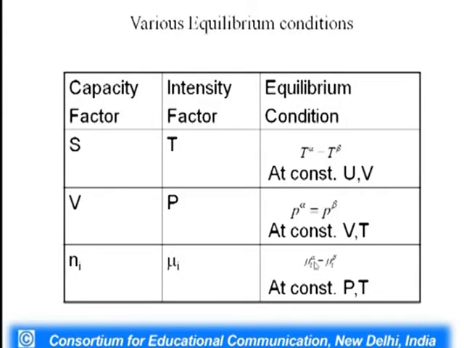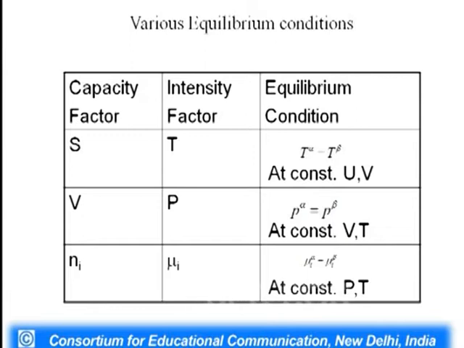At constant U and V, your equilibrium condition is T alpha equals T beta. At constant V and T, we have P alpha equals P beta, whereas at constant P and T, we have the chemical potential of the ith component in alpha phase equal to the chemical potential of the ith component in beta phase.